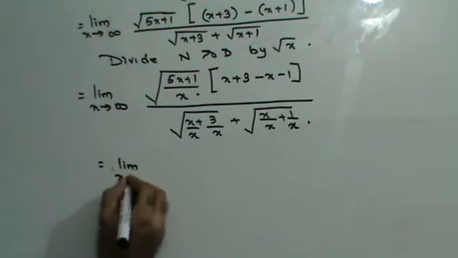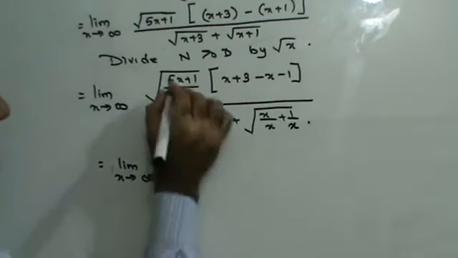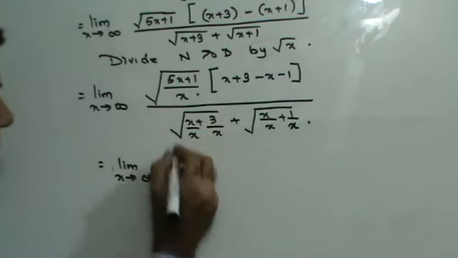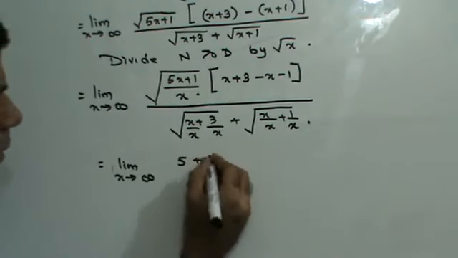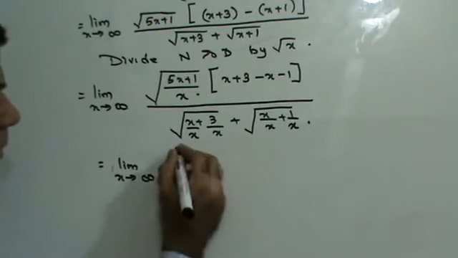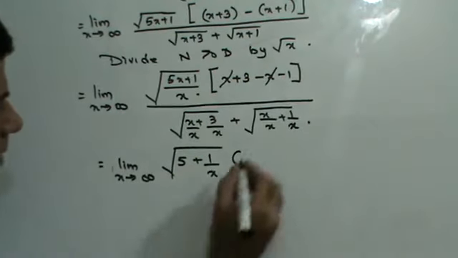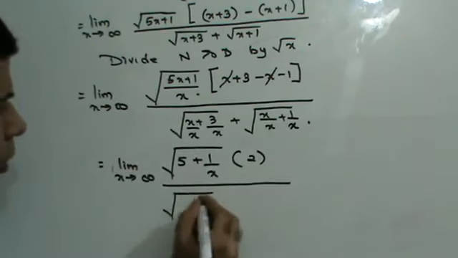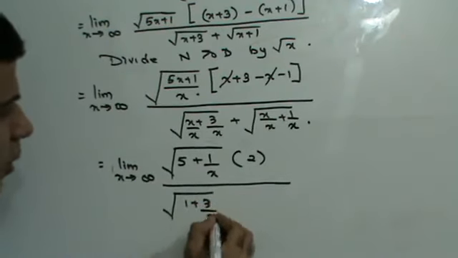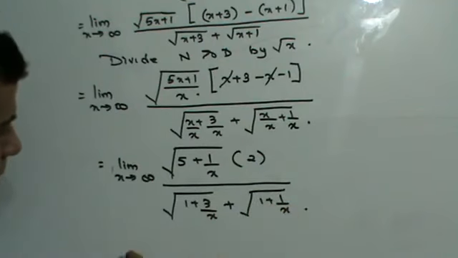Now this can be written as limit of x tends to infinity. This is going to be root of 5x upon x, so that is 5 plus 1 upon x. The x minus x gets cancelled, giving 2, upon root of 1 plus 3 upon x plus root of 1 plus 1 upon x.